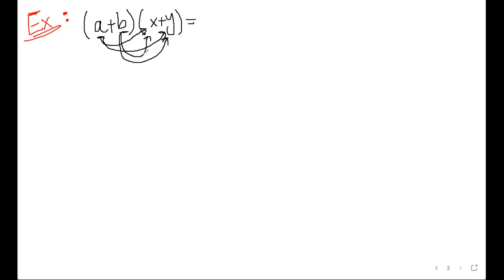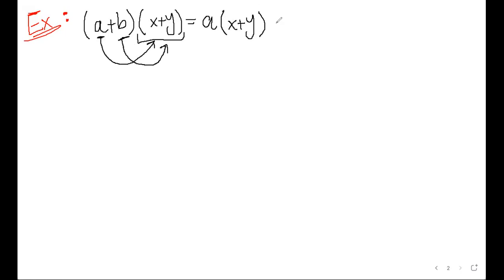Or I want to give you another idea for that. A times everything inside, and b times everything inside. So they will give me a times x plus y, plus b times x plus y.